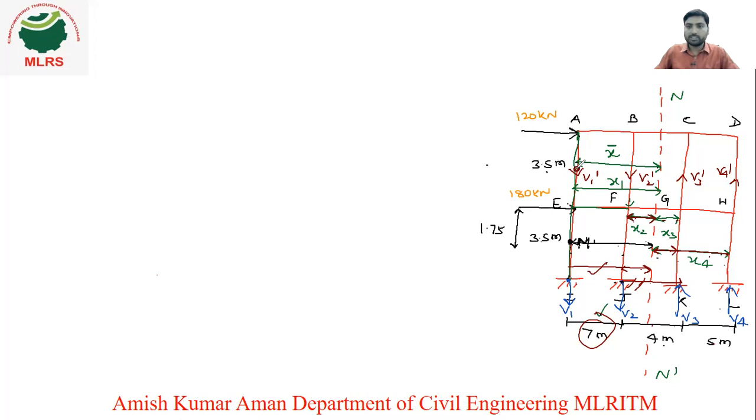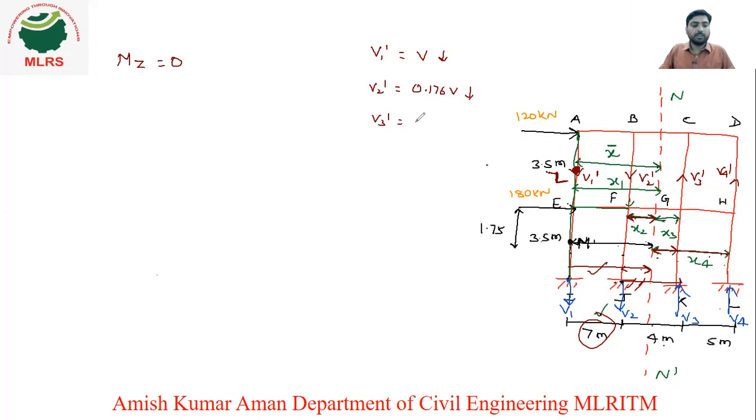Now we will take the moments at this point, let's take it as Z point. About Z, because this is the point of contraflexure of this member, right? So now we'll take the moments about Z is equal to 0. Ratio will be same. Already we know V1 dash will be equal to V downward. V2 dash will be equal to 0.176 V downward.